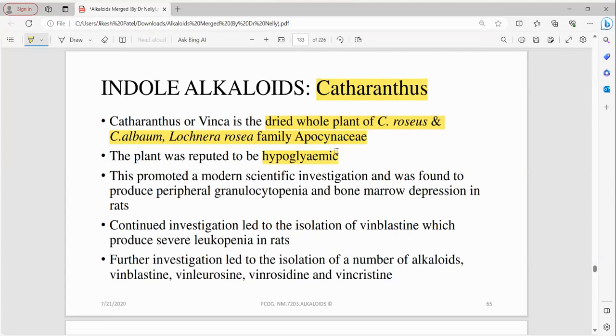This is the source of the vinca alkaloids, especially vincristine and vinblastine. Of course, it also produces other vinca alkaloids, but the most used ones are vincristine and vinblastine. Vinblastine for lymphoma, vincristine for leukemia.